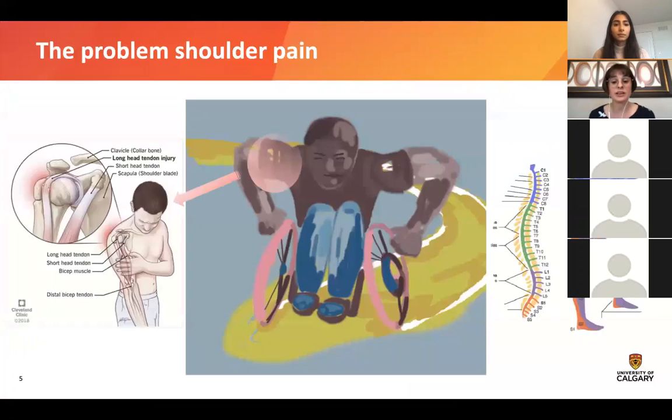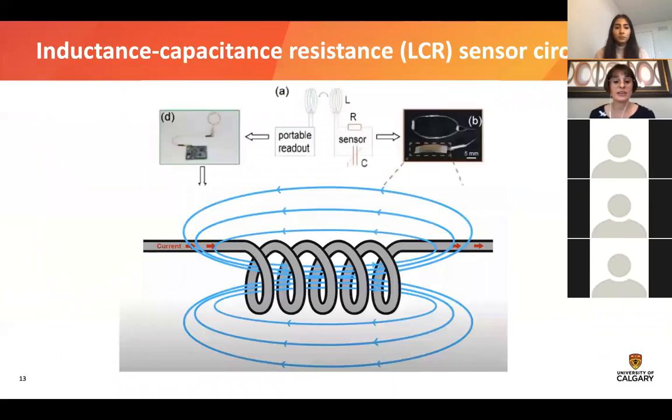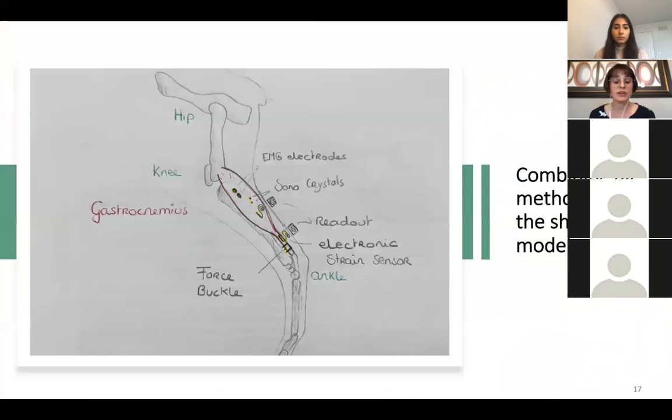As you saw in the picture that I drew, the Achilles tendon of the human looks different to what we see in the sheep, but they have the same function. And that's what allows us to do these measurements in the sheep, because they have the same structure.